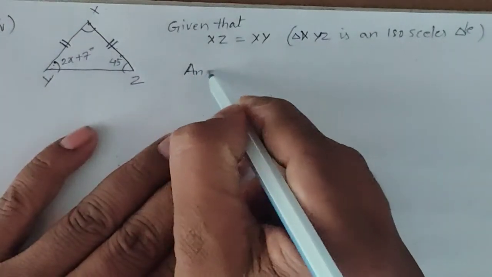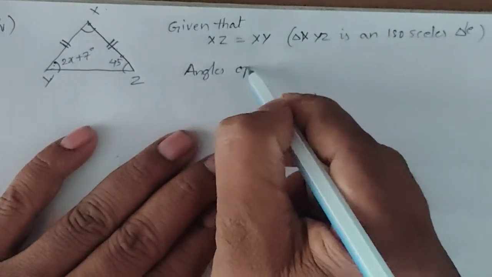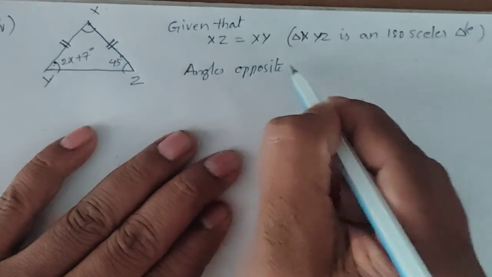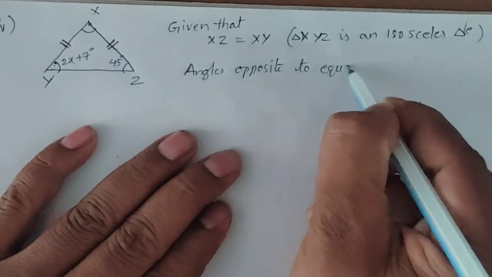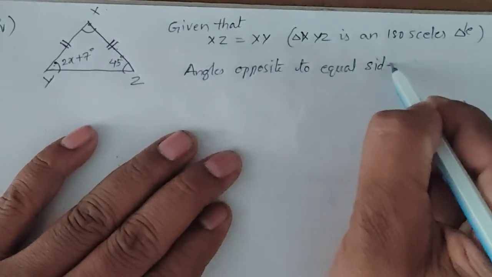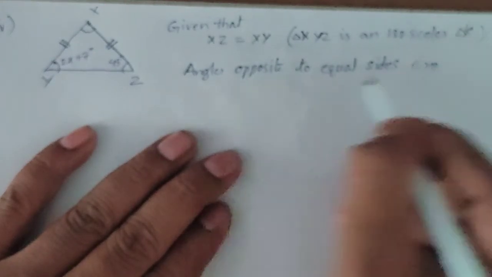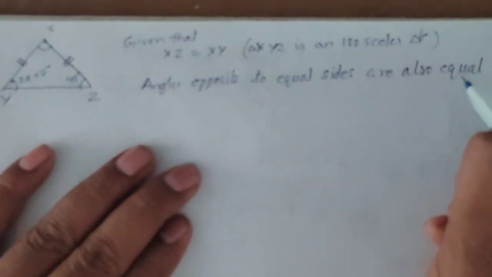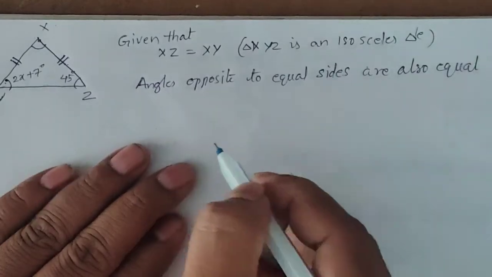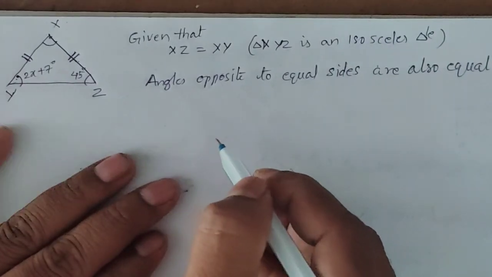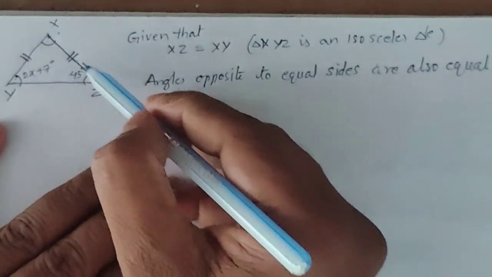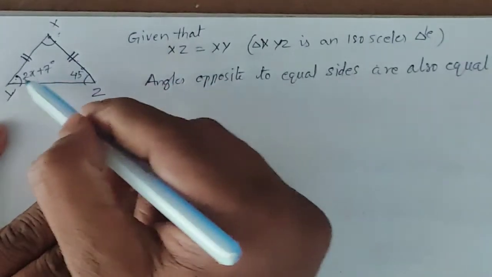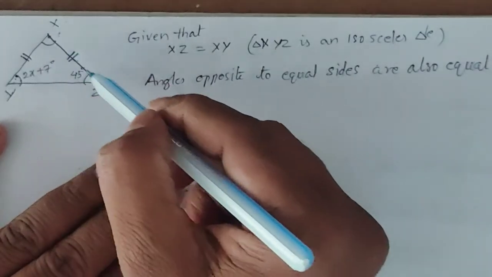So what is the rule here? Angles opposite to equal sides are also equal. You know that 2x plus 7 is opposite to side xz.